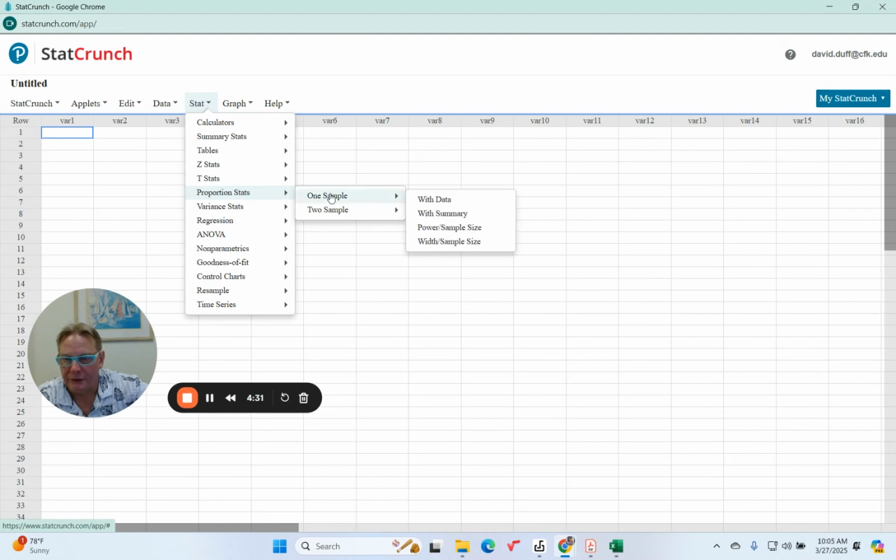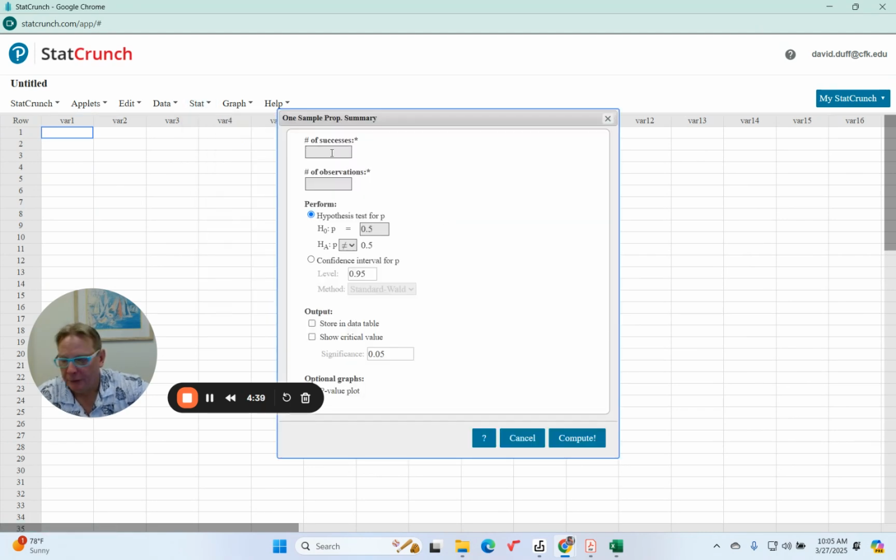Then we're going to go to one sample, and we have a summary. Very rarely do we actually have raw data in this course. So we're going with the summary. The number of successes that I've written down is 470. The number of observations, or the total number of cases we looked at, was 801. And we want to select hypothesis test, not confidence interval. That's already selected, so we'll leave it selected.